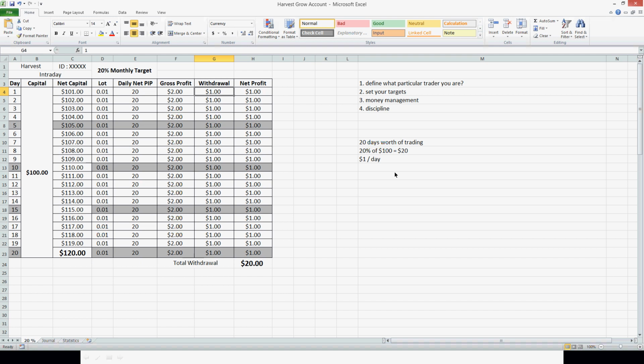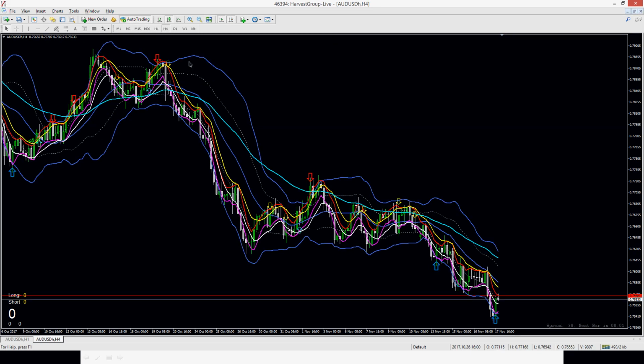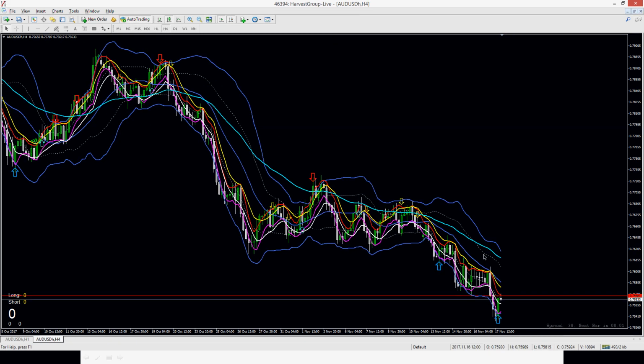So the way I see it, for this example, this is the one that I usually use. As soon as the market has already gone, let me just show, for example, over here. Let me find a good example.